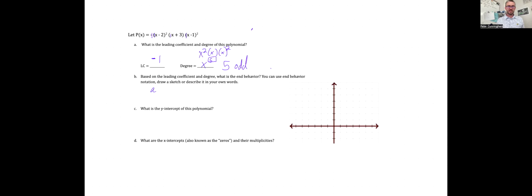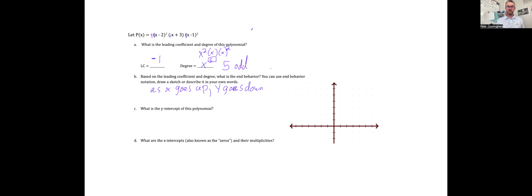All right. So as x goes up, and I'm not doing the fancy terminology here, I just want you to know what you're saying here. X goes up, Y goes down. How do I know that?